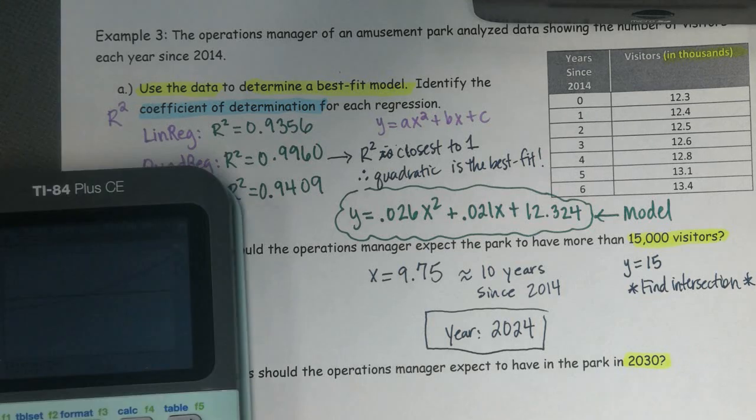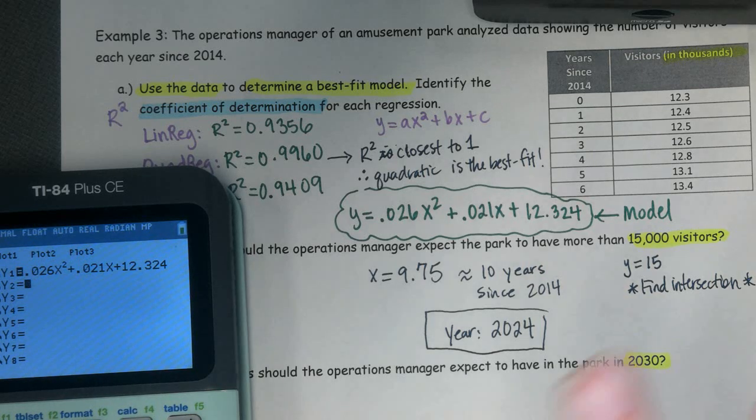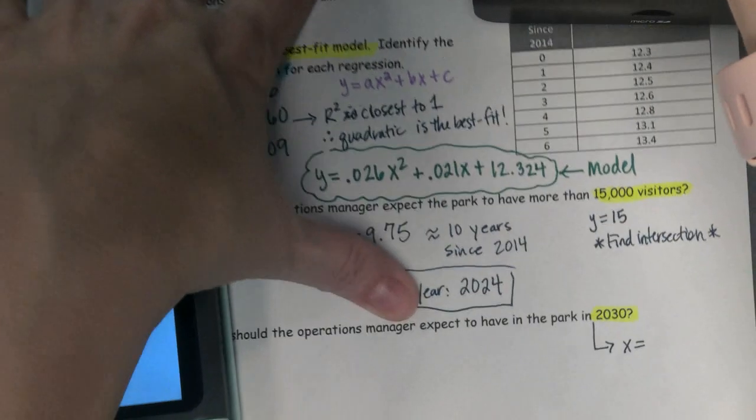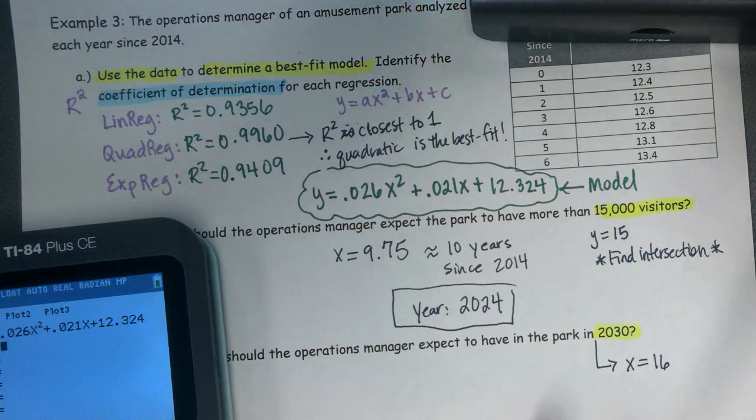So if you already have this in your Y, I would use your table, but you could also do the value. So just make sure that you're plugging in the right value for X. If it's in 2030, what am I plugging in for X? Yep, so the year since 2014 would be X is 16.